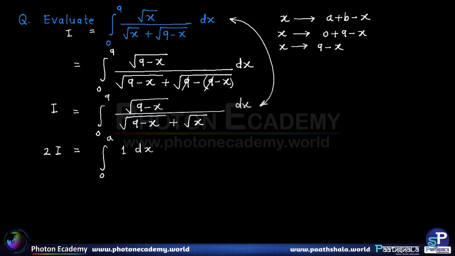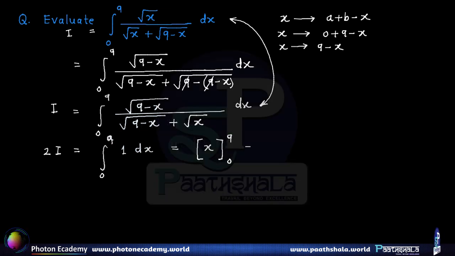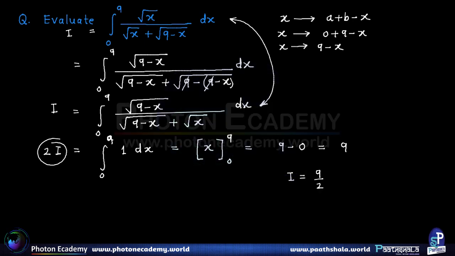So we have to evaluate the integral of just 1, which is x, evaluated from 0 to 9. That gives us 9 minus 0, which is just 9. This is equal to twice the integral. Therefore the value of the integral is 9 by 2, which is the final answer.